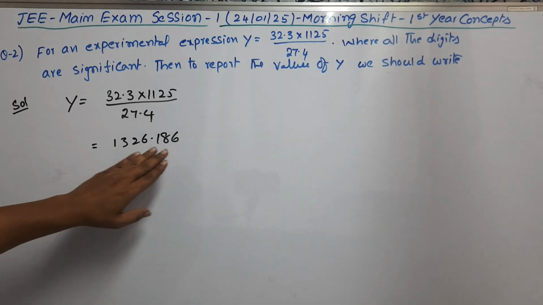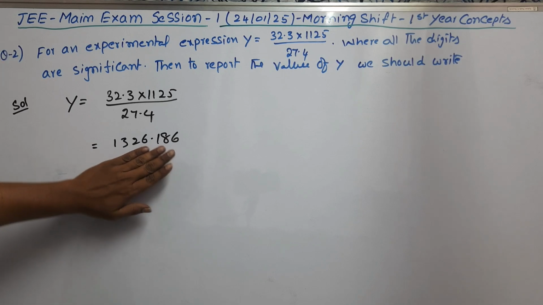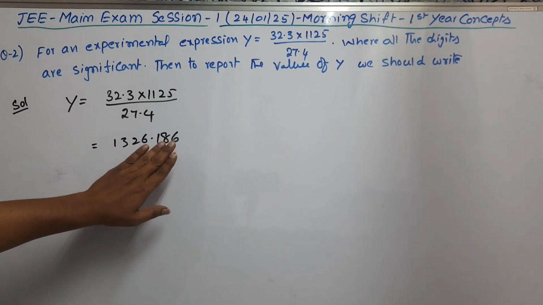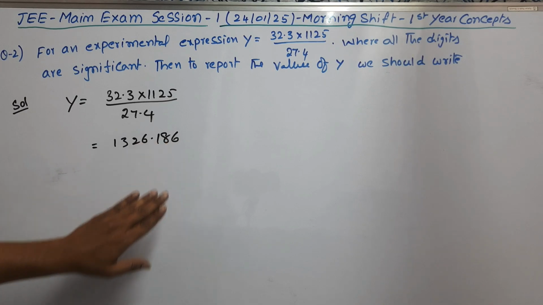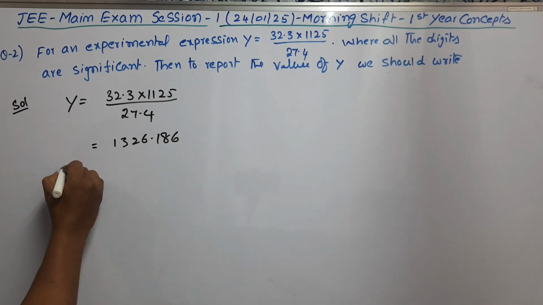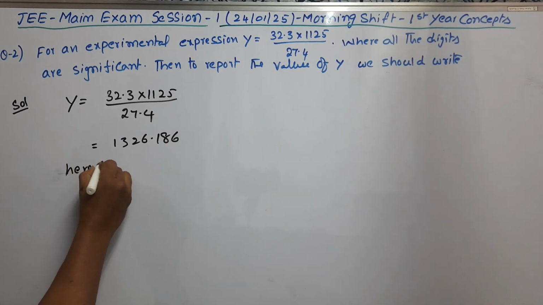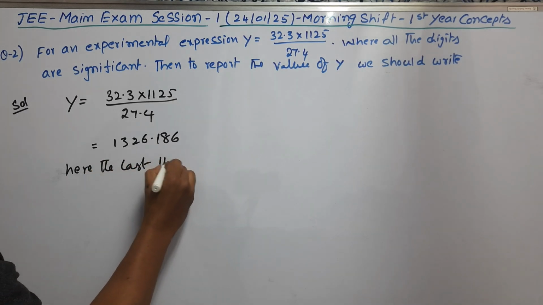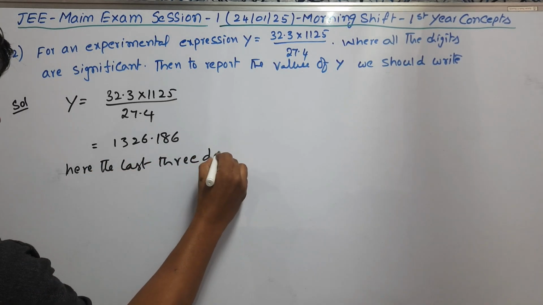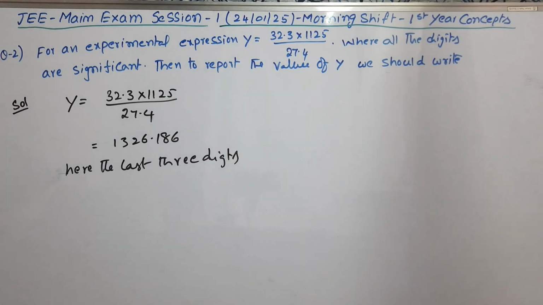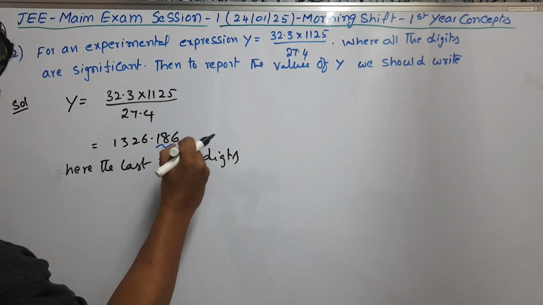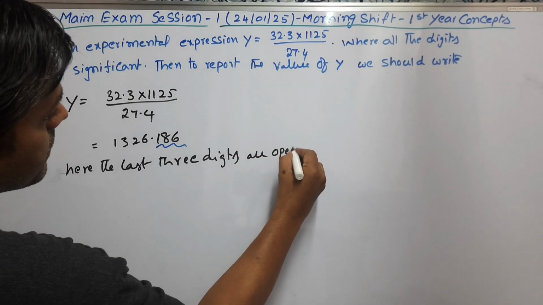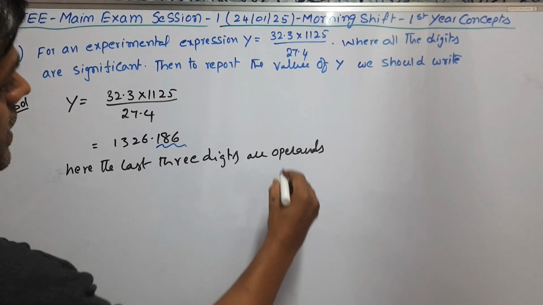In this result, the last 3 digits are operands. What is the meaning of operands?